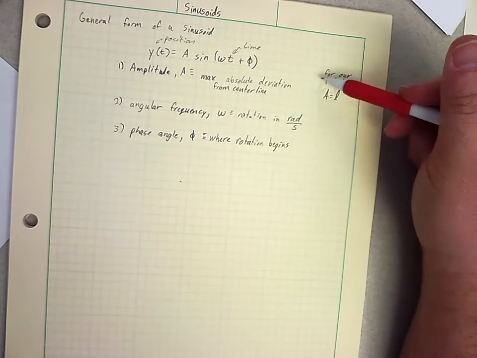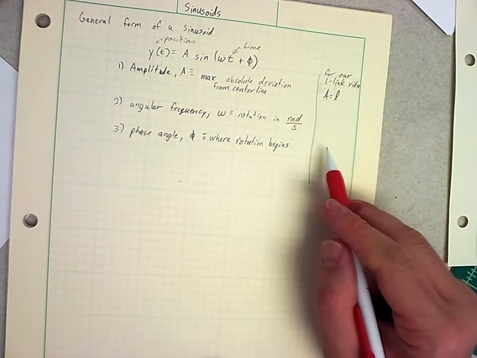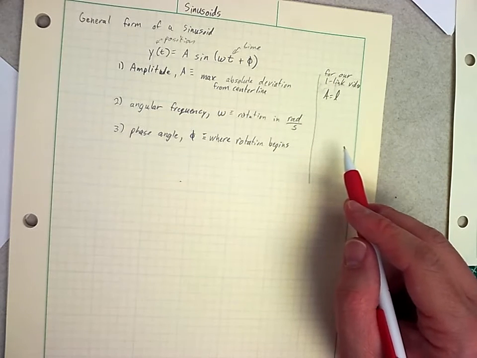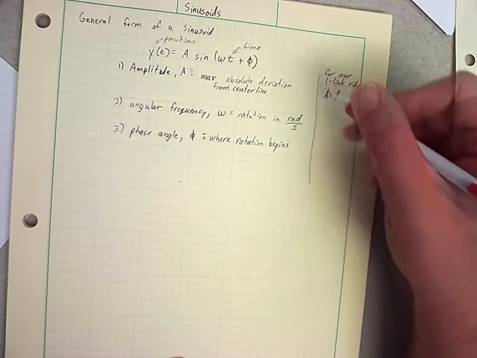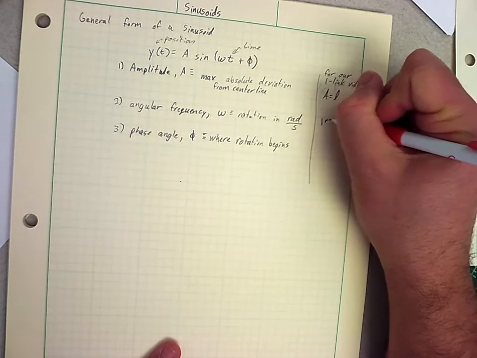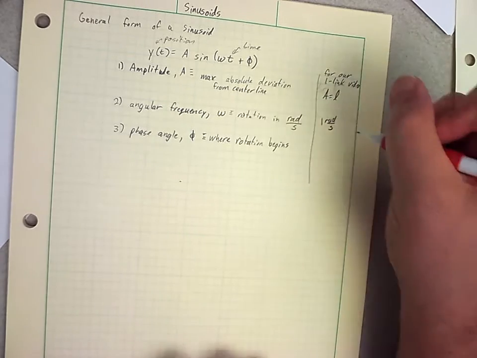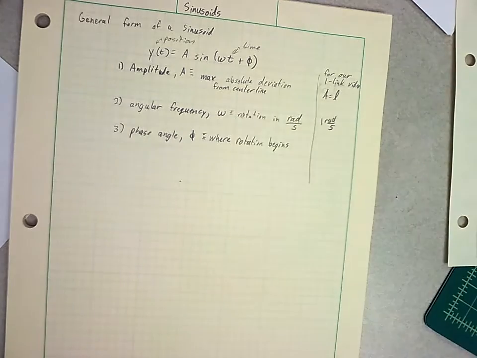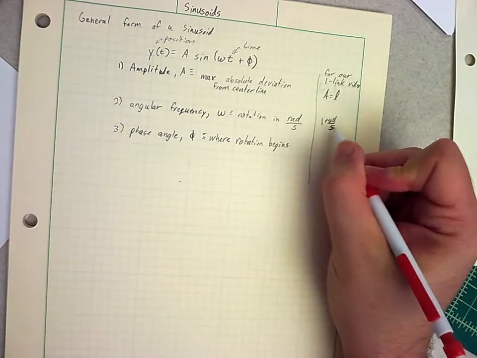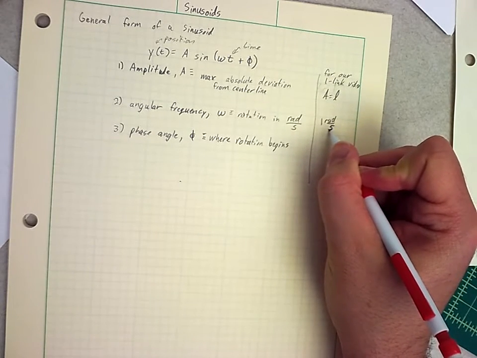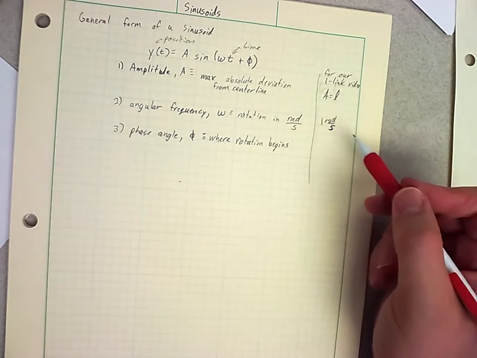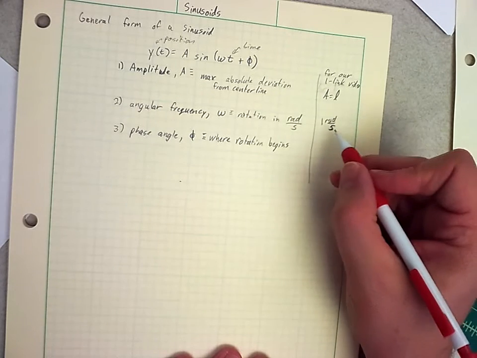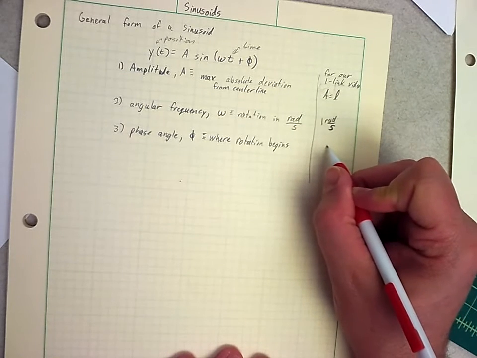So for our one-link robot example, our angular frequency was basically 1 radian per second. Remember, we set it to where it took 2 pi seconds to go 2 pi radians, so that was 1 radian per second. And we set that our phase angle started out at 0.